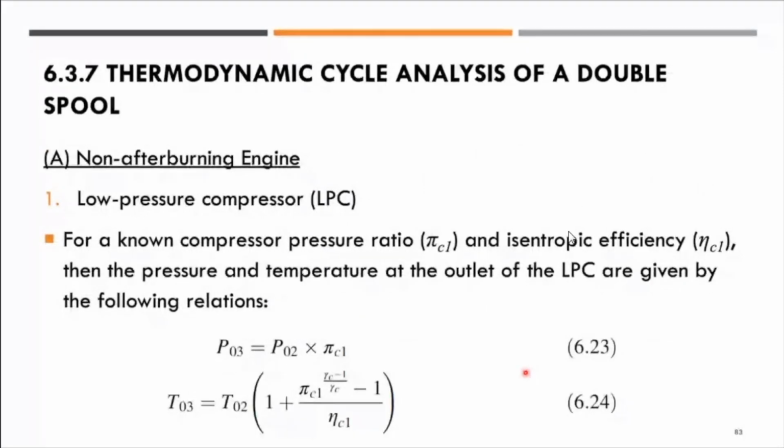Right. For the non-afterburning engine, we look at the low pressure compressor for a known compressor pressure ratio pi C1 for the low pressure compressor and the isentropic efficiency zeta C1. Then the pressure and temperature at the outlet of the low pressure compressor are given in the following relation. We have the P03 expression and T03 expression.